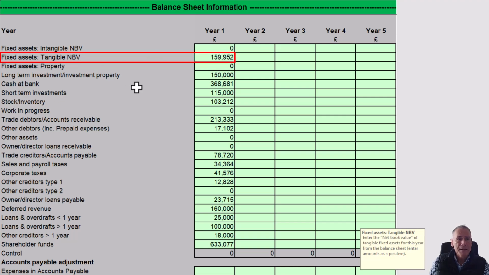So when we go back and have a look at the balance sheet, we've got some tangible assets. And let's assume that's equipment. Let's assume that there are no loans outstanding on those assets and there's nothing secured on it for this example. And let's assume of that 159,000, £100,000 of that could be asset financed. And asset finance is a very easy and quick type of finance that you can get on assets that are unencumbered, or they don't have a loan secured against them.